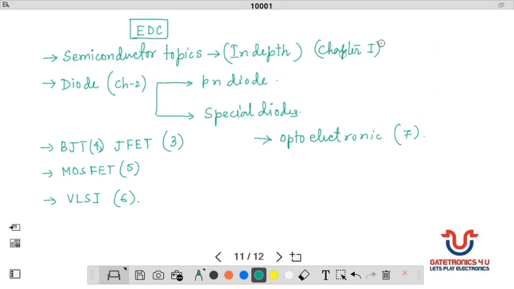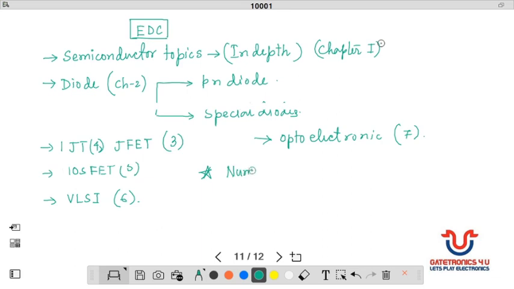So these are the chapters of this EDC syllabus. We will cover each chapter one by one. There will be a series of lectures for every chapter. Probably there will be 20 to 30 lectures for chapter 1. Similarly for chapter 2.